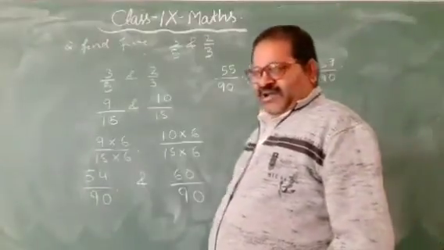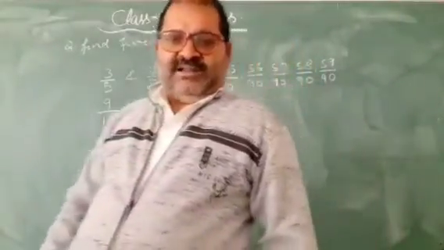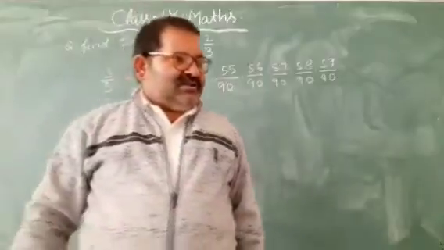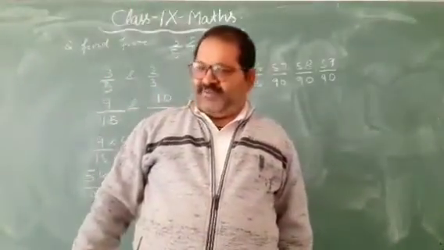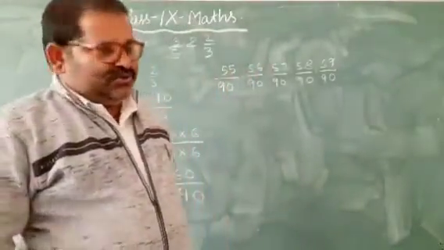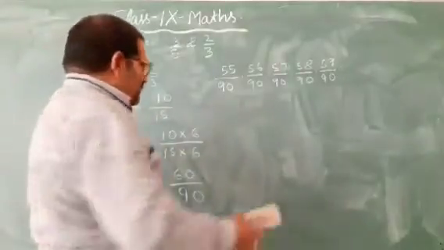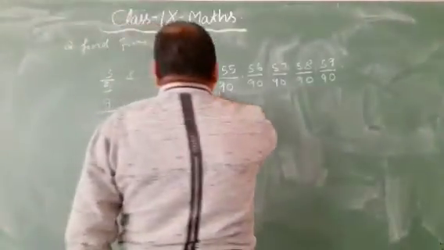All these numbers are the 5 rational numbers between the two numbers. Clear? Okay.